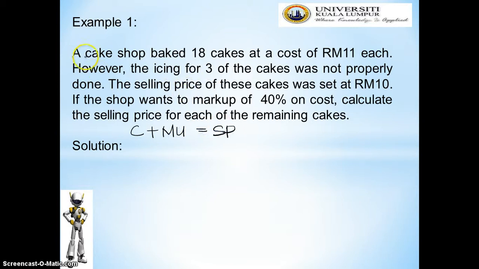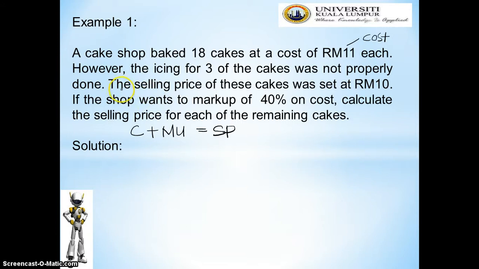Okay, a cake shop baked 18 cakes at a cost of 11 ringgit each. So this we can use to find the cost. However, the icing for 3 of the cakes was not properly done. We have 3 defective cakes, 3 improper cakes.